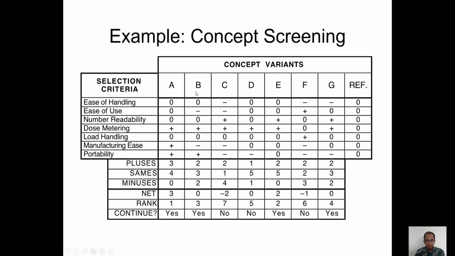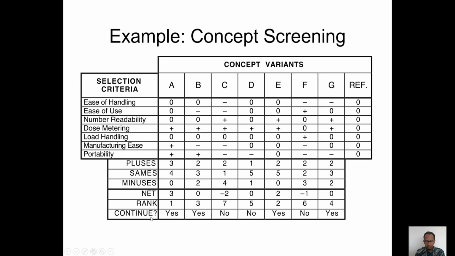We assess the concept B, C until G the same way, we calculate all the plus, the same and the minuses, and then we make a rank. So after the process we will have rank 1 until 7, then we have concept A as the first rank, concept E in the second rank, and so on and so forth, and with concept C at the 7th.